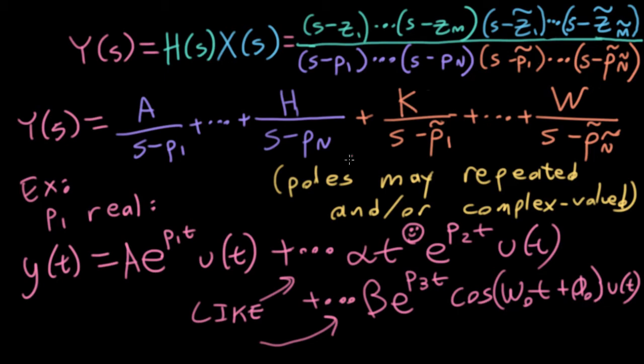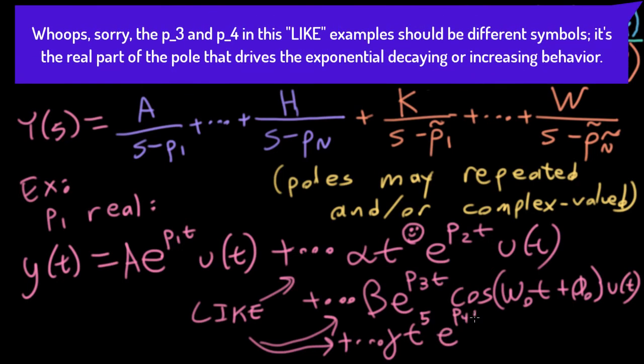And this is whatever frequency and phase you get out of doing the partial fraction expansion and all the various simplifications. Or I might have a term like, and again, this is an example, something like this, but where there is a t in front. So I might have like a t to the 5 and an e to the p4t cosine. Maybe let's call it omega 1t plus phi 1 for phase ut.